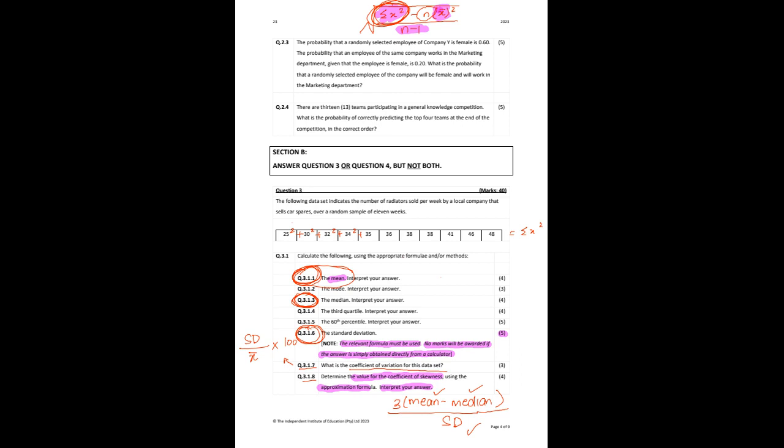Now, when you calculate this answer, and here they asked you to interpret, you do need to specify the type of skewness. So if you end up with a figure for question 3.1.8 that's equal to 0, you will say that there is no skewness.